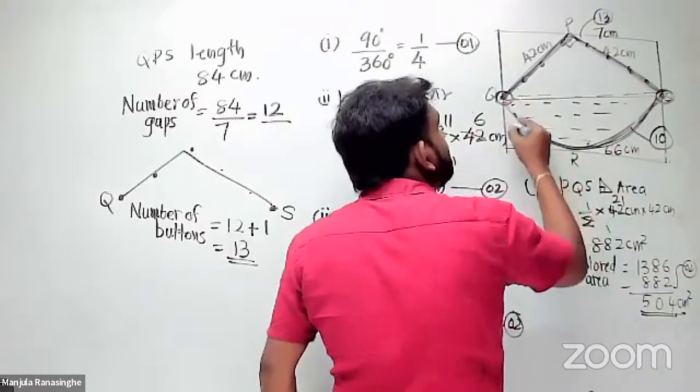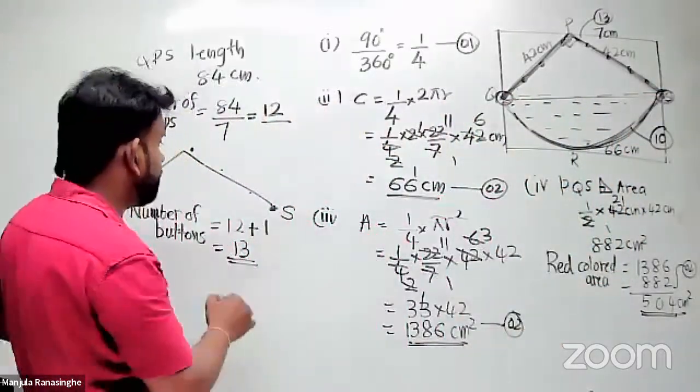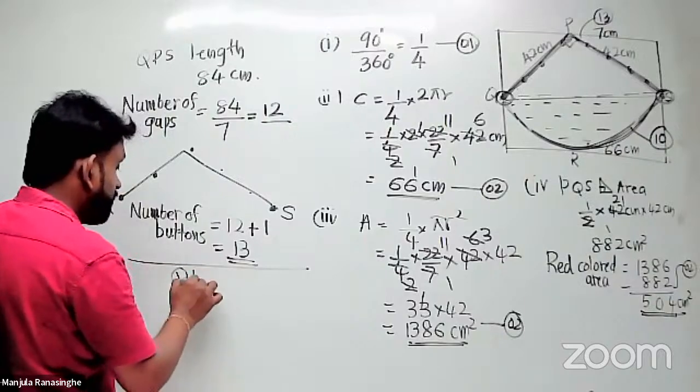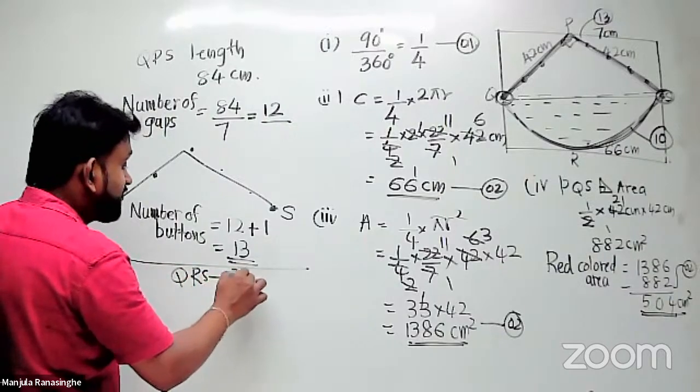Then QRS total buttons, how many buttons are there?